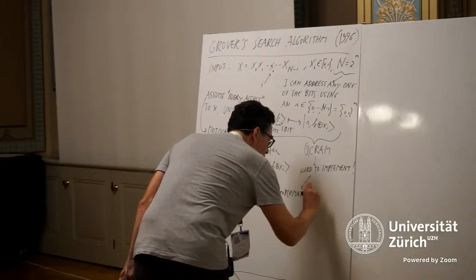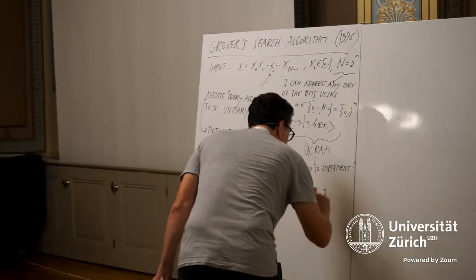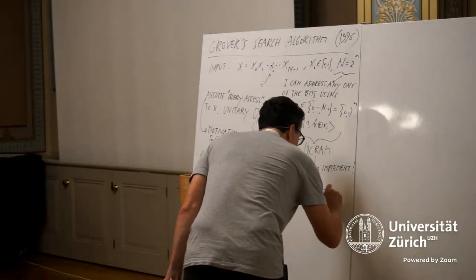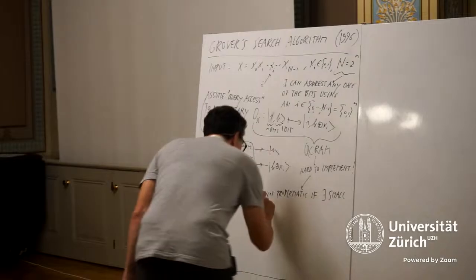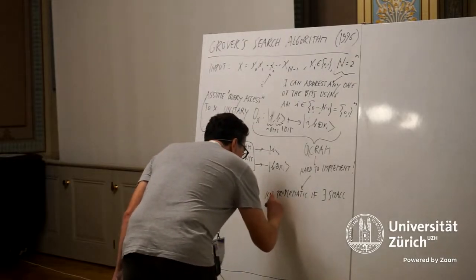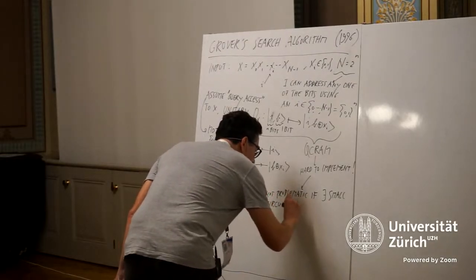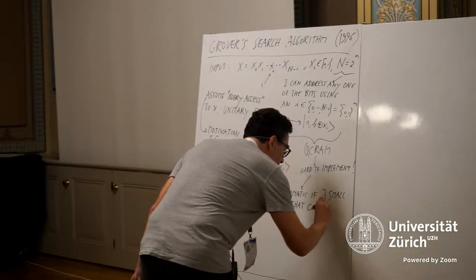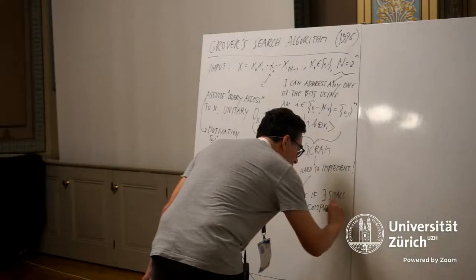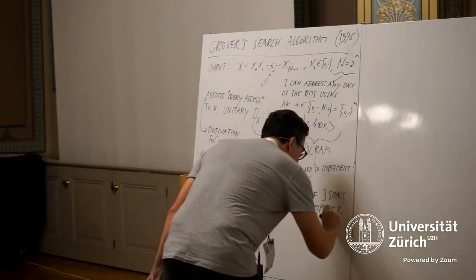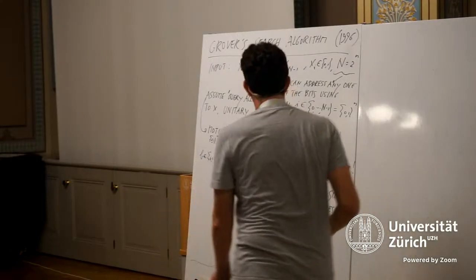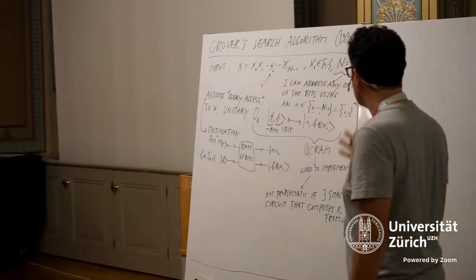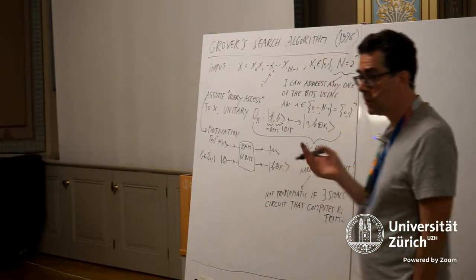If there is a short circuit that computes xi from i. And an important case where this actually happens is where you're trying to solve the satisfiability problem.